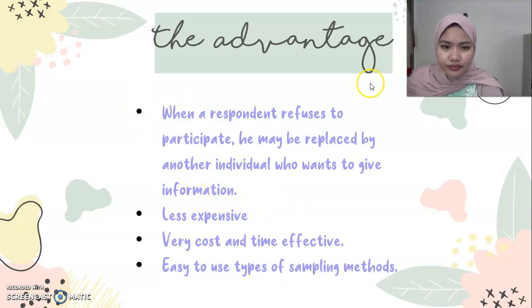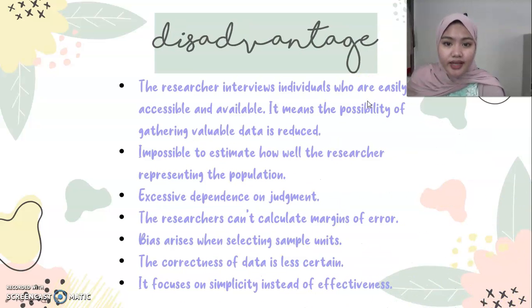However, non-probability sampling also has disadvantages. The researcher interviews individuals who are easily accessible and available. It means the possibility of getting valuable data is reduced. Second, it's impossible to estimate how well the researchers are representing the population.